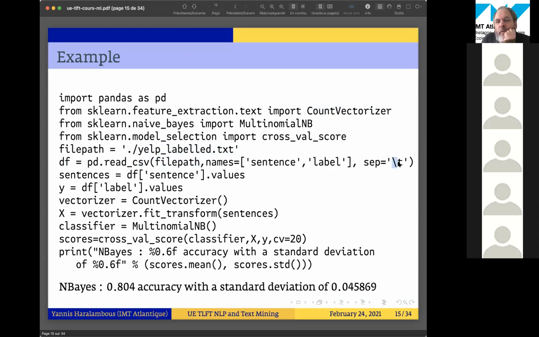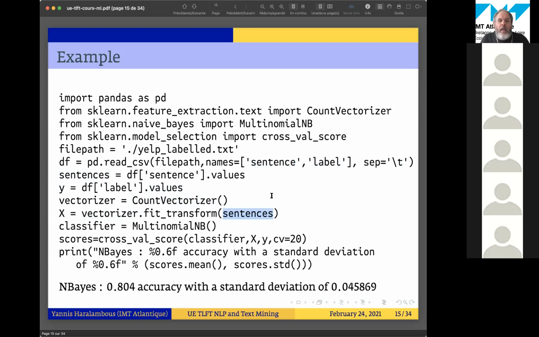Instead of commas, I have tabulations, and I store it in a data frame with the column sentence and label. I take all the sentence values and put them in an array. I take all the label values, put them in an array. I instantiate a count vectorizer object, and this one will take the sentences and vectorize them.